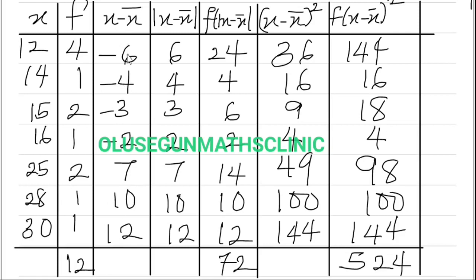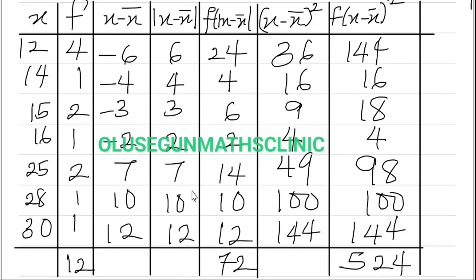Now there's something we call absolute value. Before you can get the mean deviation, you must find the absolute value. Absolute value is the value after neglecting the negative signs. Therefore, we have it like this: 6, 4, 3, 2, 7, 10, and 12.